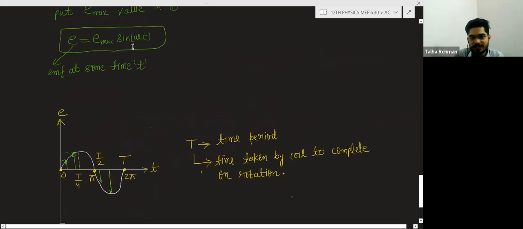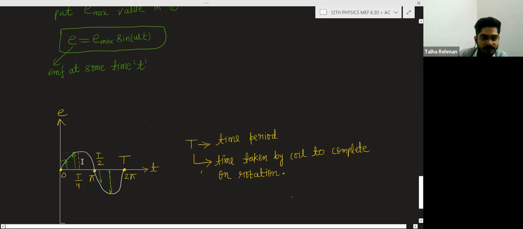So you can check the graph. At t is equal to 0, this omega t will become 0, so you can say this is sin 0. The value of sin 0 is 0, so the value of EMF is 0. And at pi, the value of the sine is 0, so here also you will get the value of EMF as 0.